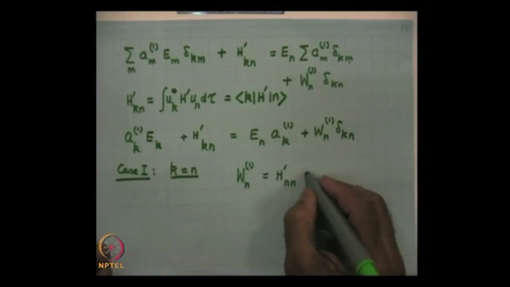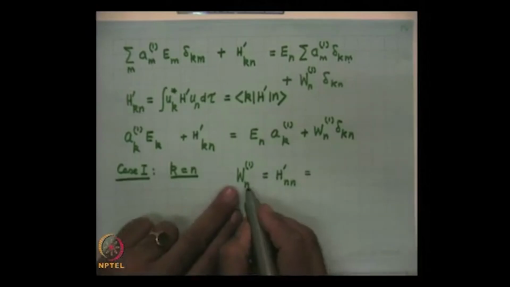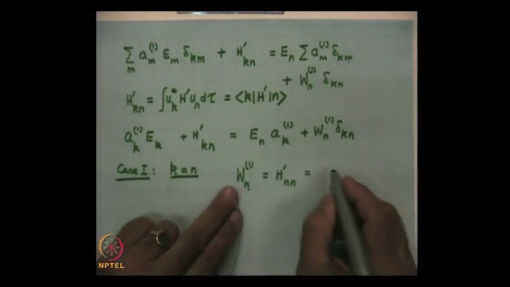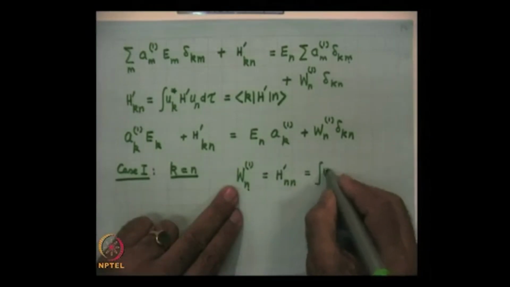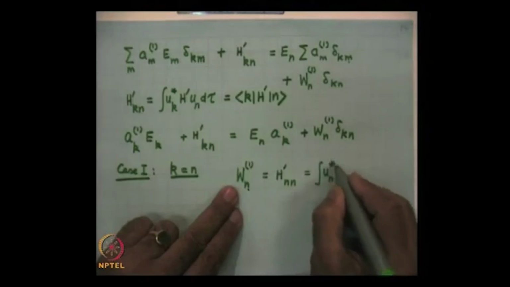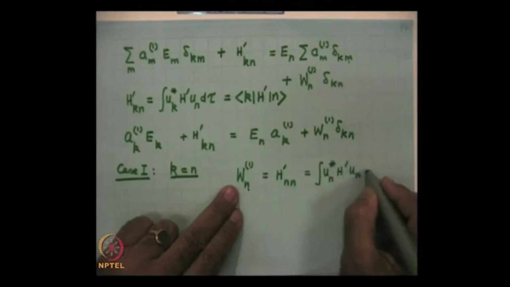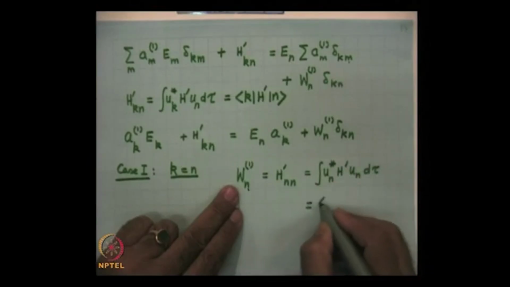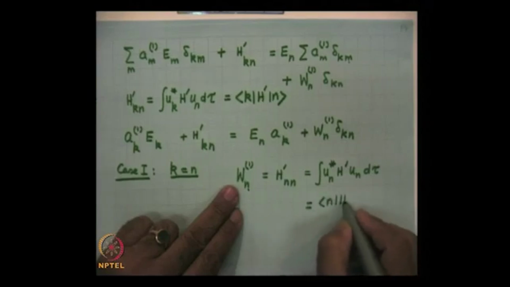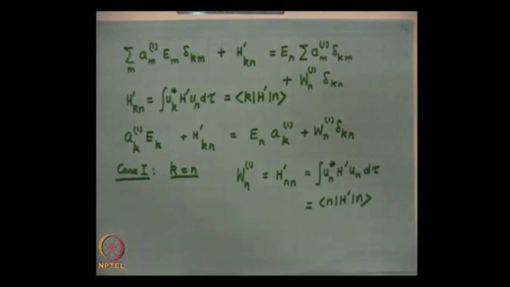So, this is the first order perturbation to the energy. So, this is the integral of u n star H prime u n d tau, and symbolically it is bra n H prime ket n in the bracket notation.